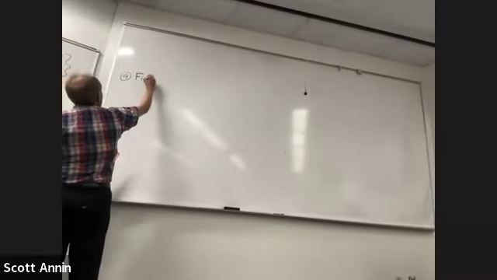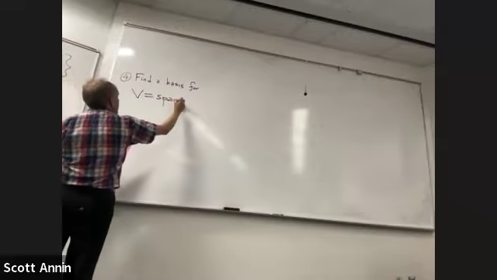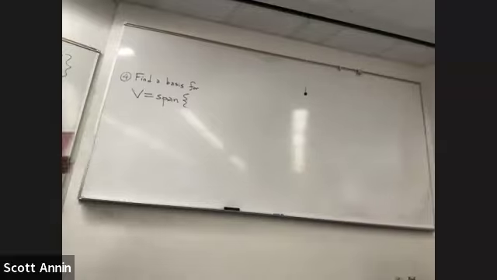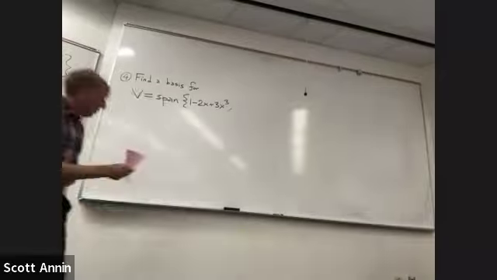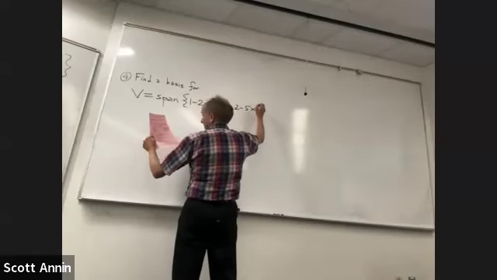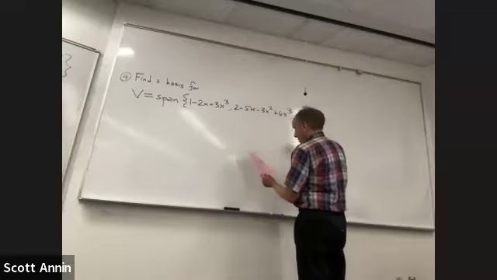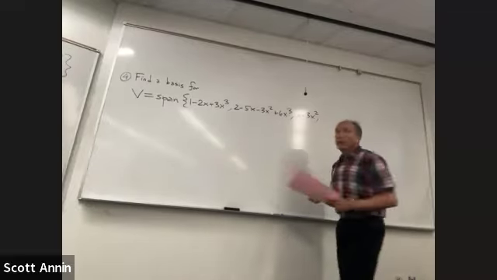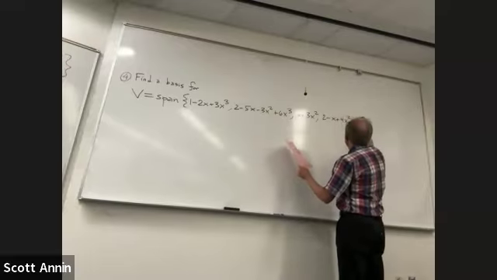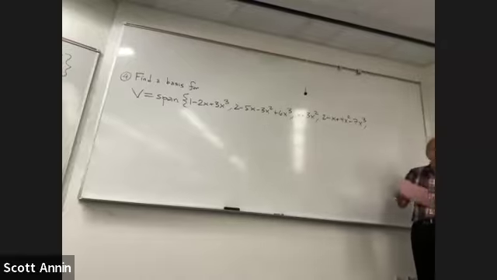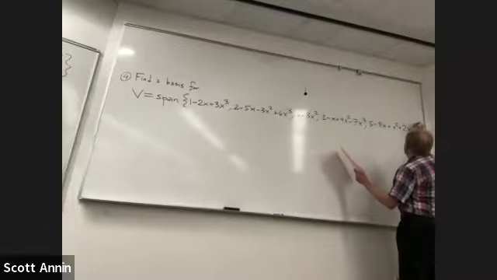Find a basis for V, which is going to be equal to the span of, this time I'm going to give you some polynomials: 1 minus 2x plus 3x cubed, comma, 2 minus 5x minus 3x squared plus 6x cubed, comma, x plus 3x squared, comma, 2 minus x plus 4x squared minus 7x cubed, comma, 5 minus 8x plus x squared plus 2x cubed.